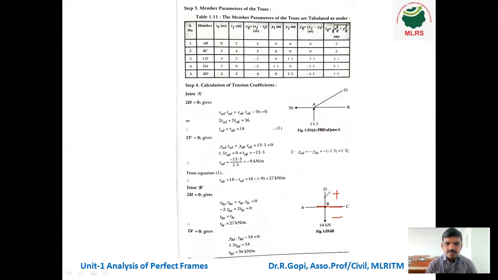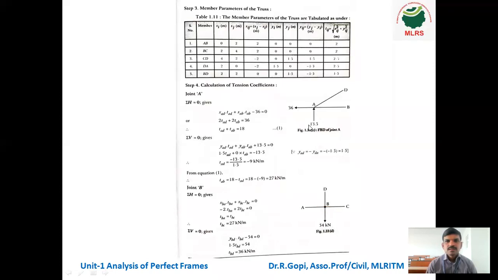So YBD is plus 1.5 because it is in positive quadrant. So plus 1.5 TBD equal to this minus comes to this side means plus 54. So therefore TBD is equal to how much? 54 divided by 1.5. It is 36 kilonewton per meter.